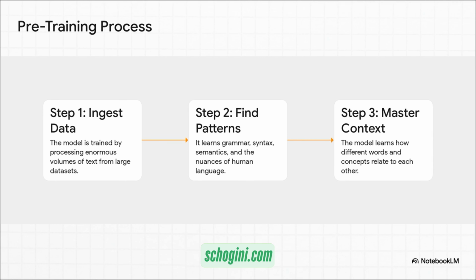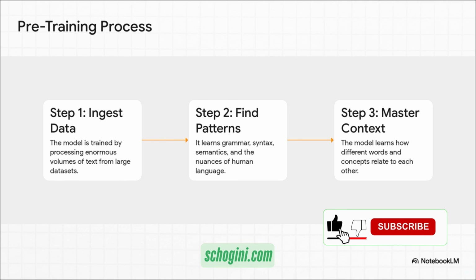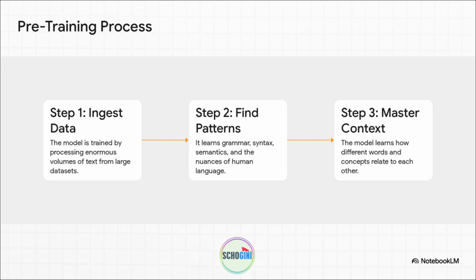Then, step two, it starts to identify patterns. And we're not just talking about facts. It's learning the deep structure of our language. Grammar, syntax, even different styles of reasoning. And then comes the final, huge leap. Step three, it starts to master context. This is where it learns that incredibly complex web of relationships between words. And that is where meaning really comes from.